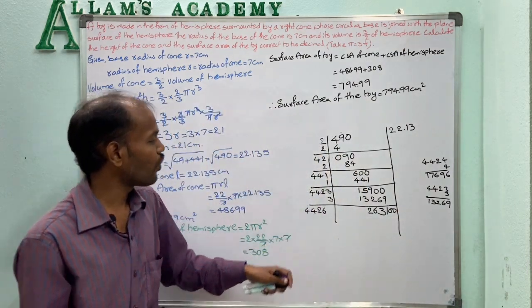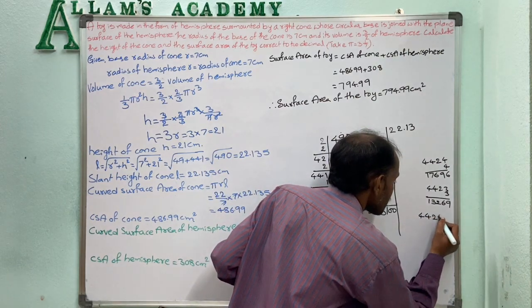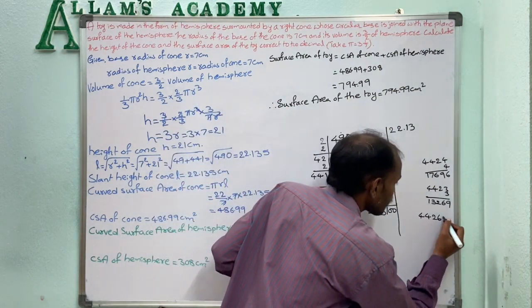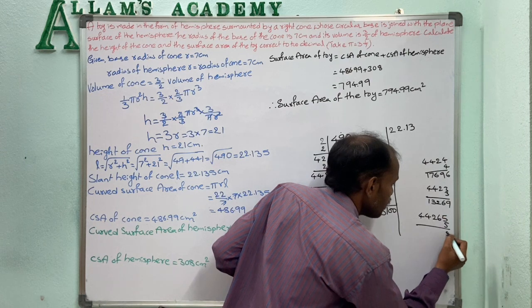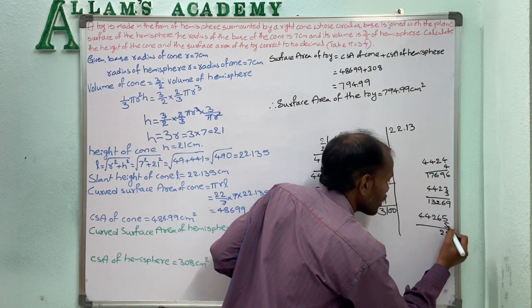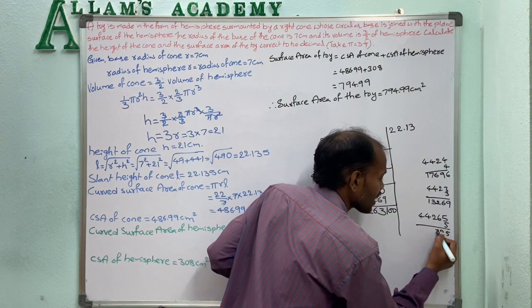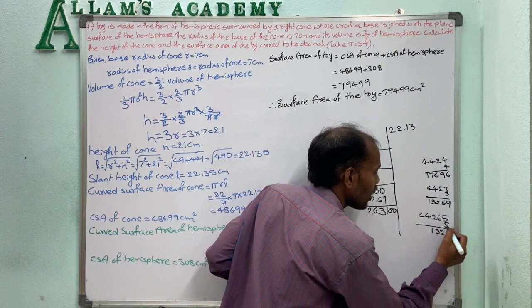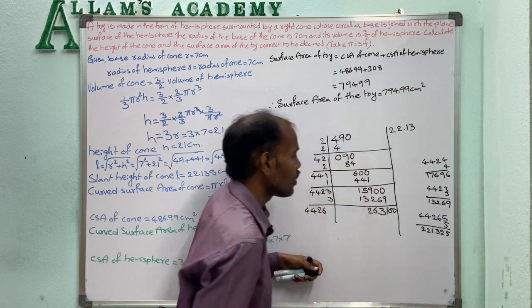Now 44,260, if we observe 5s, so 5 5s 25, 5 6s 30, 5 4s 20, plus 1 is 21, 4 5s 20 plus 2 is 22.